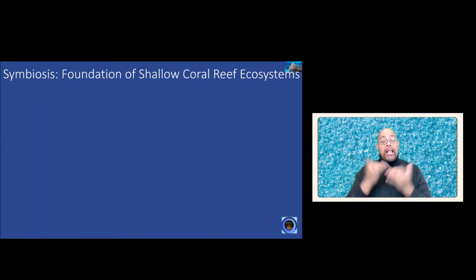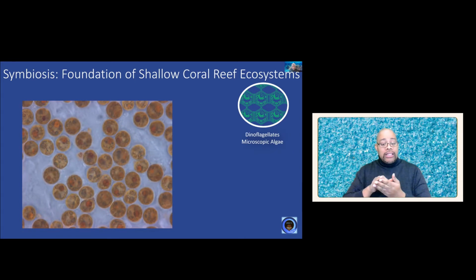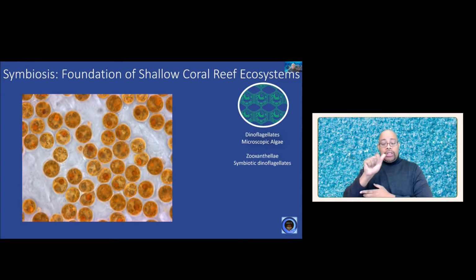Now, when we hear about these groups of microorganisms, you often hear the term dinoflagellates. And yes, the type of algae that is associated with coral are collectively called dinoflagellates. But another term you may have heard is zooxanthellae. And zooxanthellae simply means dinoflagellates that form a symbiotic relationship with a host.